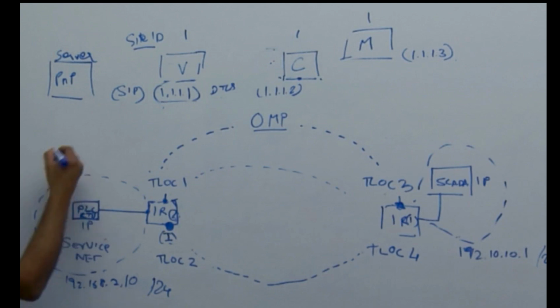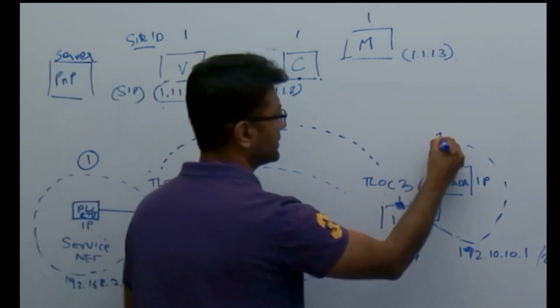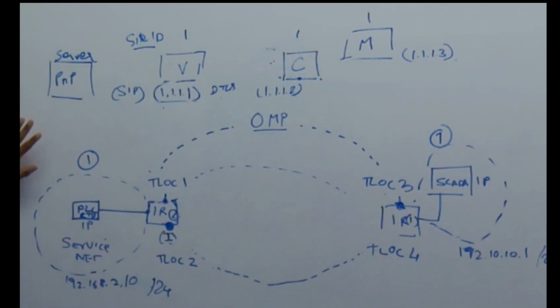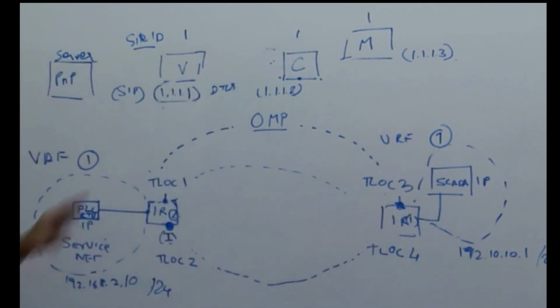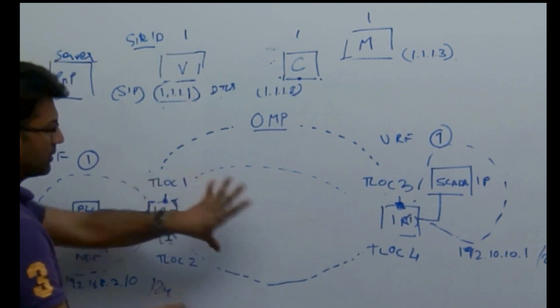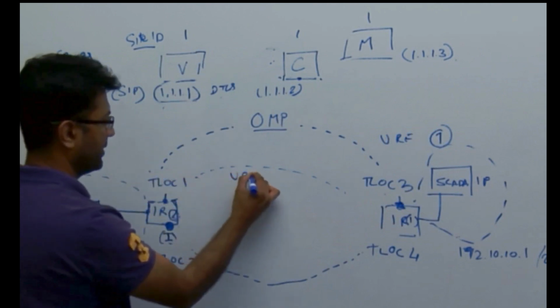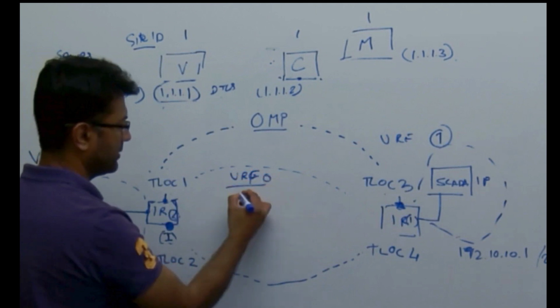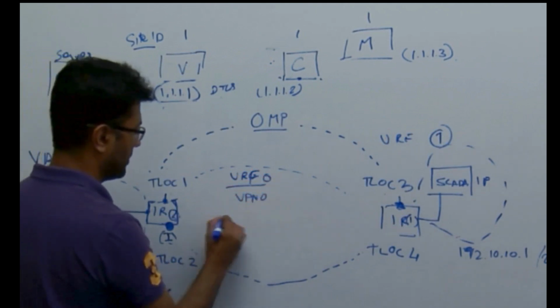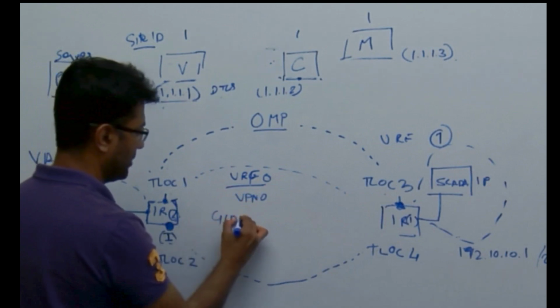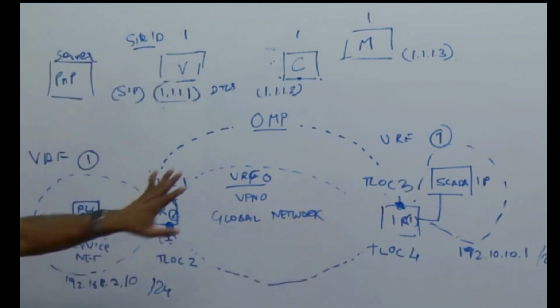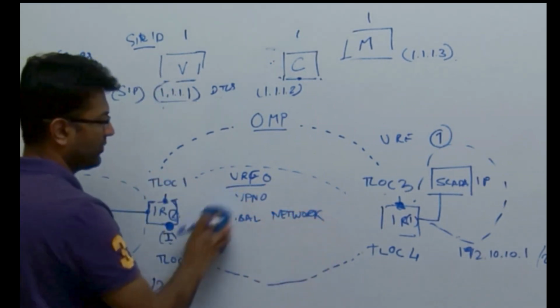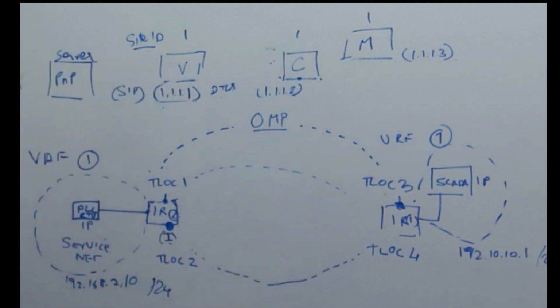So let's call this segment 1, right? So this is again segment 1. The segment is nothing but a VRF. So this is VRF1, right? And the transport network is VRF0, which is nothing but VPN 0 or our global network, right? So our global routing table, our global network is the default VPN 0, VRF0, whatever you want to call it, but that's not segmented.